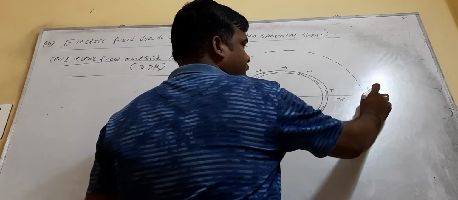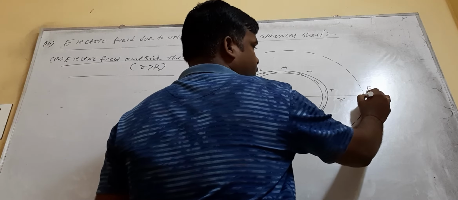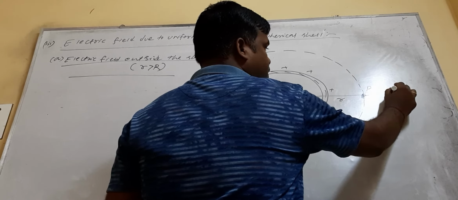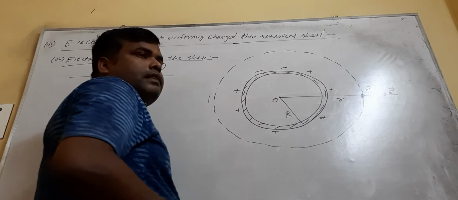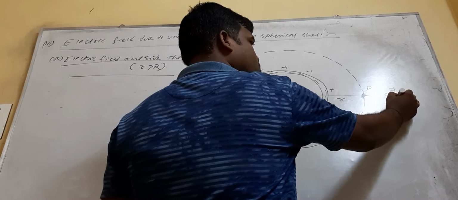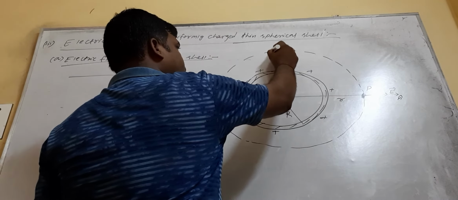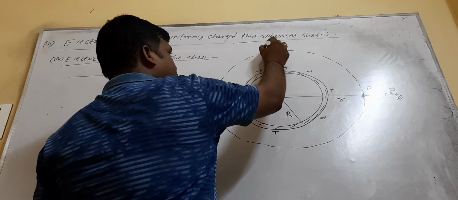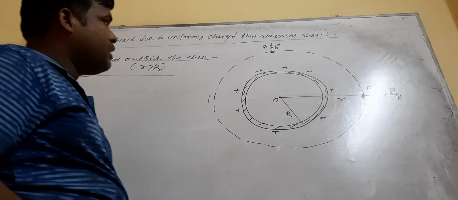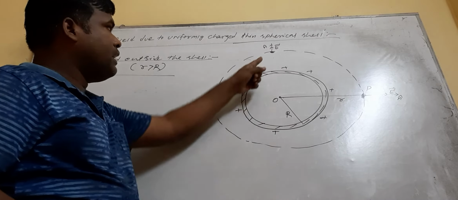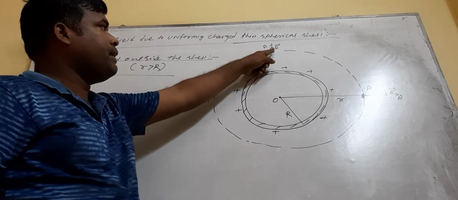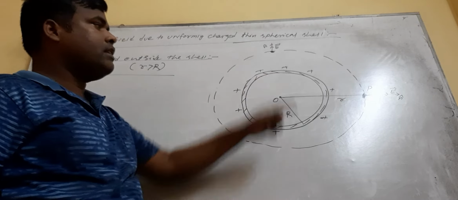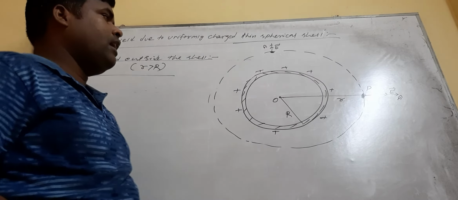At this point, what is the direction of the electric field? As the shell is positively charged, the electric field and the area vector are in the same direction, radially outward.